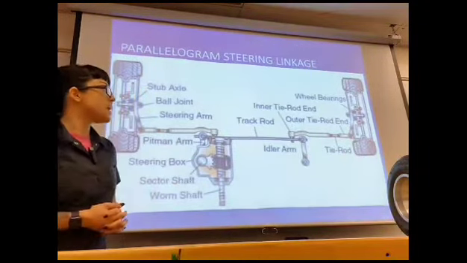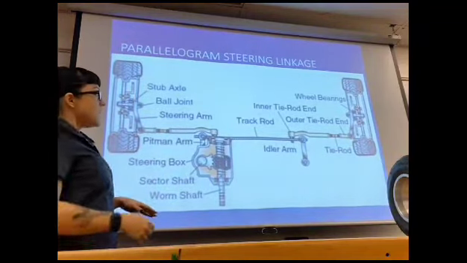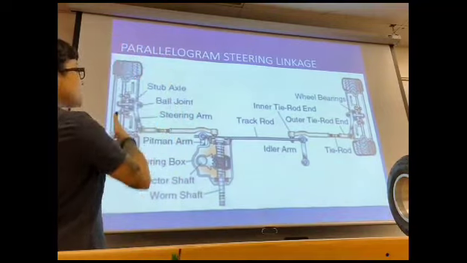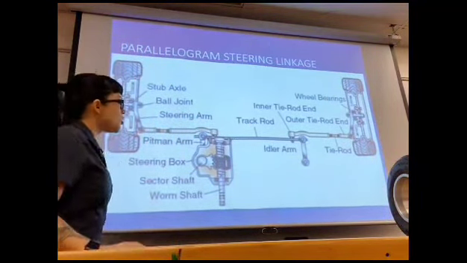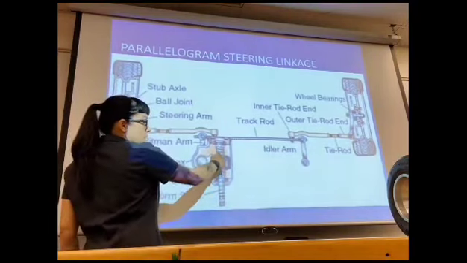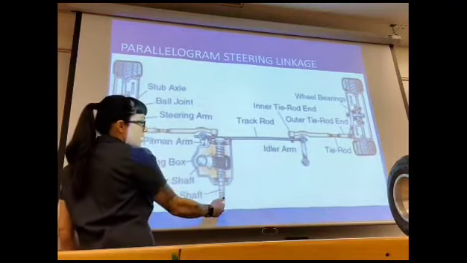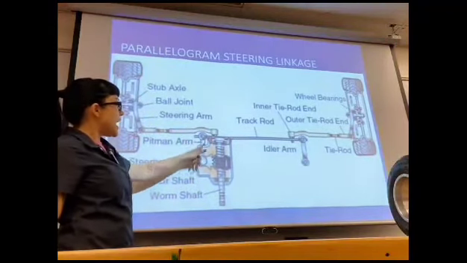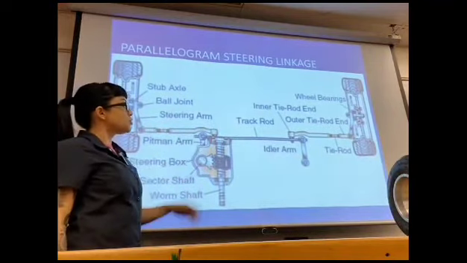Here's another example, and in fact this is actually a better picture in your canvas because this is as if we're sitting on top of the vehicle from the driver's side. Here's our steering gearbox, right? So this is your recirculating ball, and as you turn your shaft there, this is our sector shaft that's going to move, and it's going to turn our pitman arm in one direction or another.